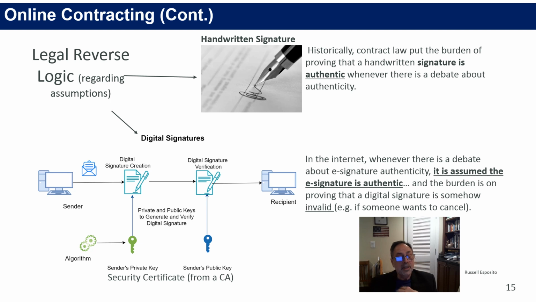I have my own private key. I encrypt it. I send it over the internet. You get it. You download my public key. Anybody can have my public key, and that public key allows you to decrypt it. I have a private and public key. Only I have the private key. If my private key is lost or hacked, I have to get new keys.